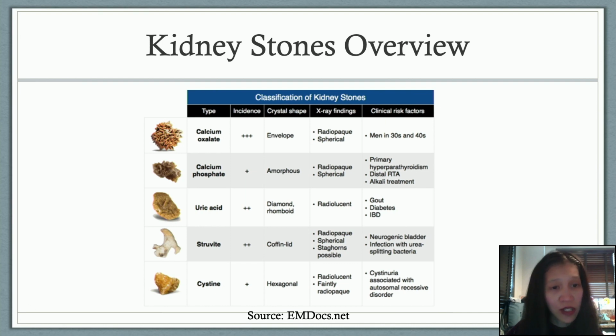Struvite stones are oftentimes seen in people who get urinary tract infections, usually from a special bacteria that leads to that kind of stone. And cystine stones are almost like a genetic form of kidney stones. People will often have a family history of stones if you have that type. It's very rare.